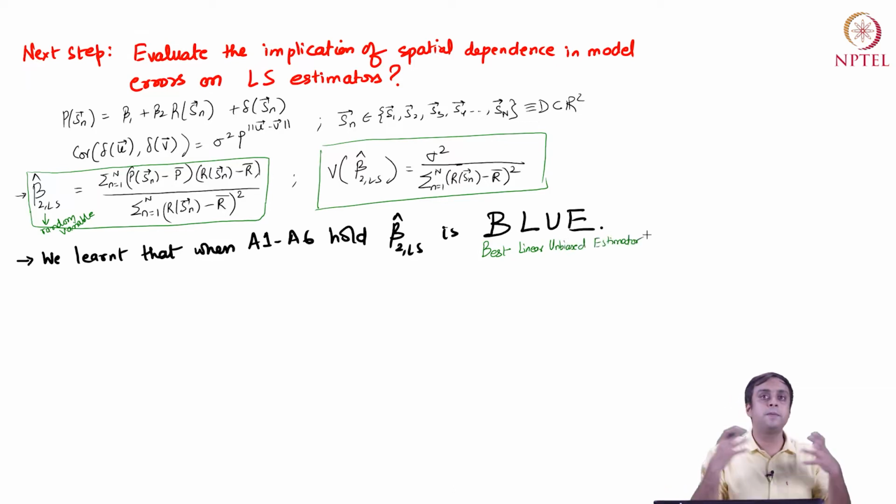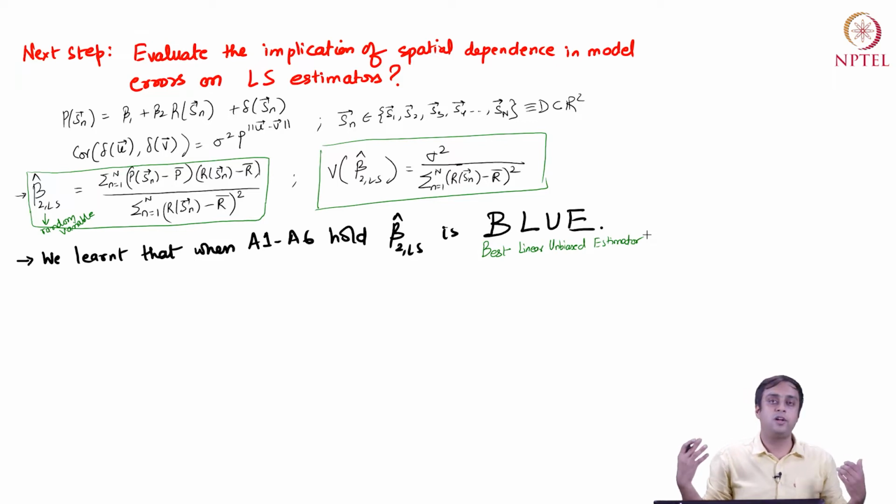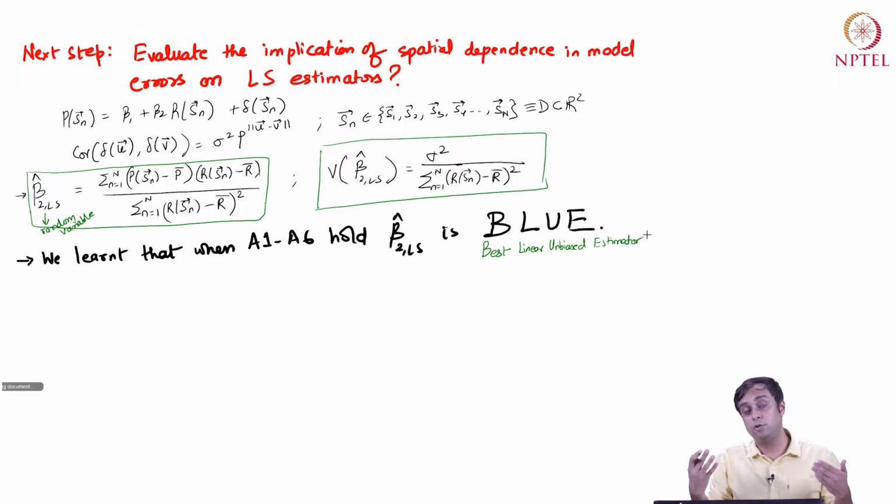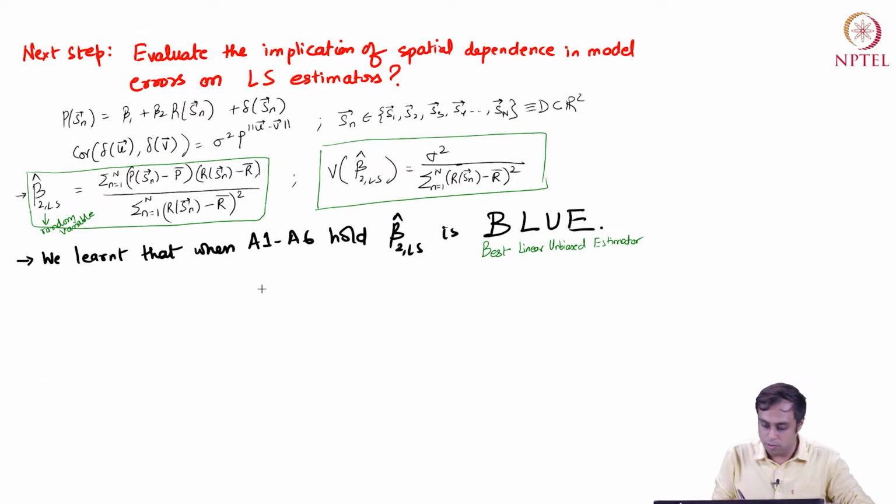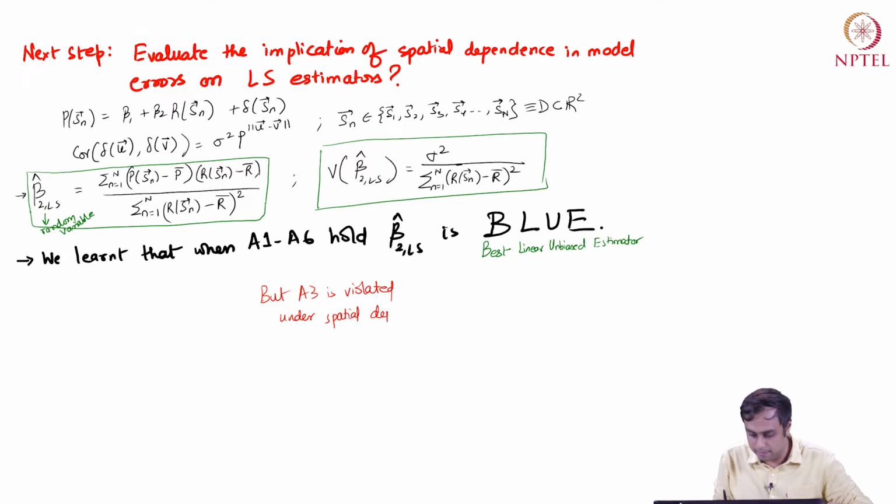Now these are the properties of this beta hat 2 LS under the assumptions A1 to A6, but we know that A3 is violated under spatial dependence of model errors, correct? So now how do we go about evaluating these properties?